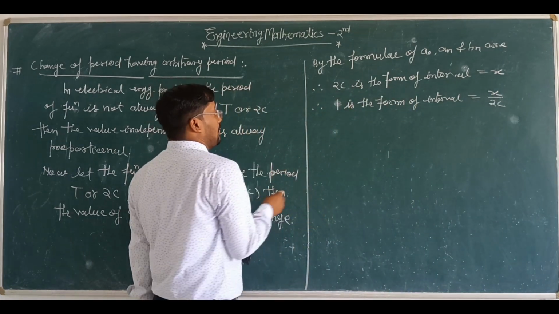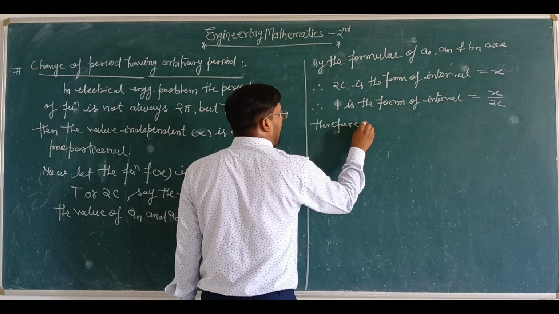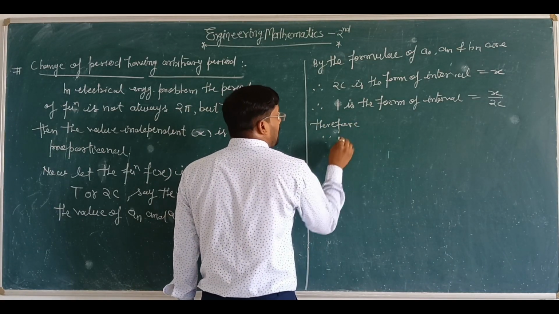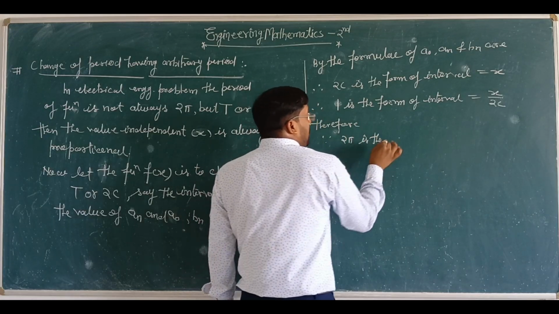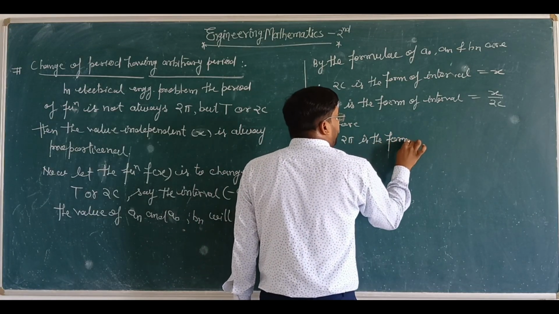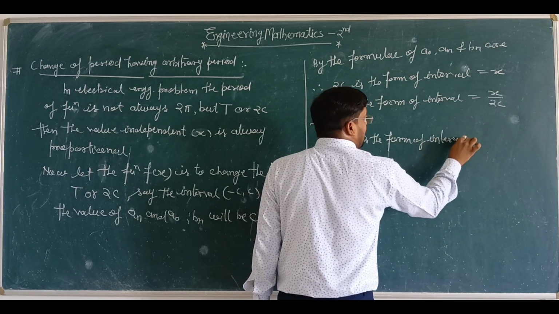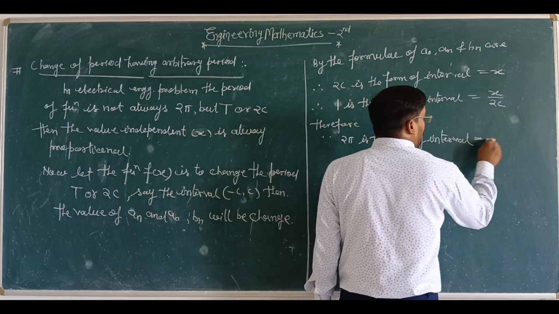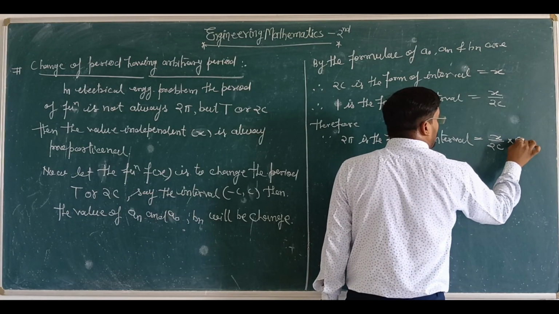Now therefore 2 pi is the period of the interval, equal to x upon 2c into 2 pi.